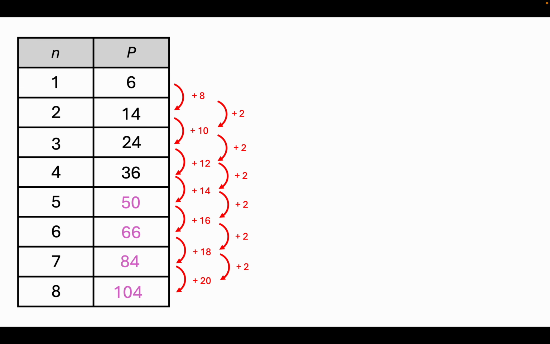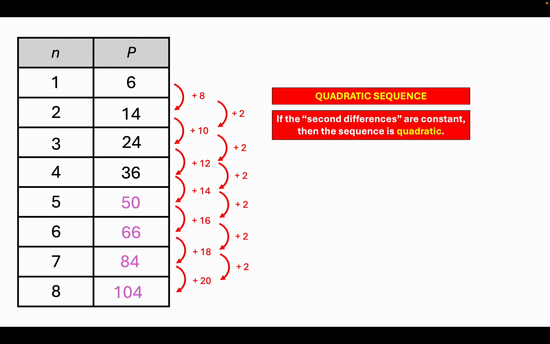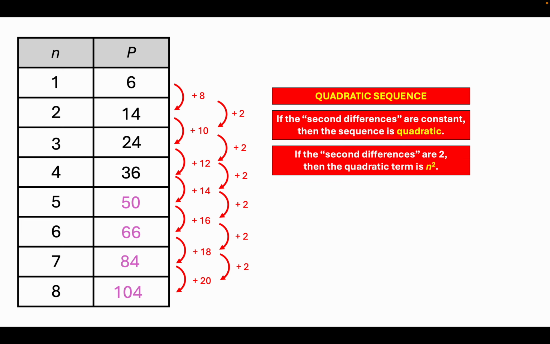These differences between the differences are called second differences. That tells us we've got a quadratic sequence, because it is a characteristic of quadratic sequences that the second differences are always constant. In fact, if the second differences are 2, then the quadratic term is n squared, n being the position in the sequence.